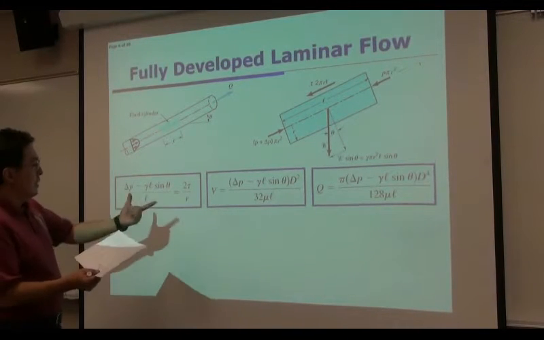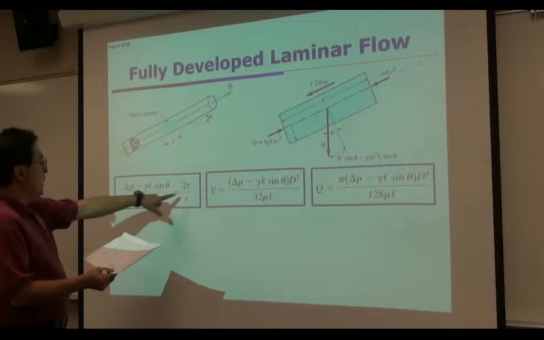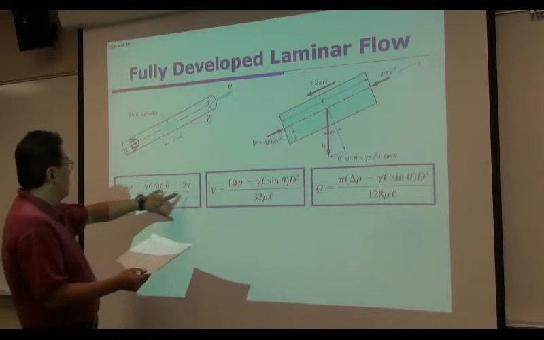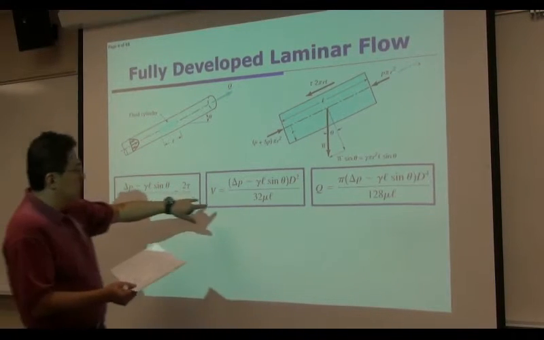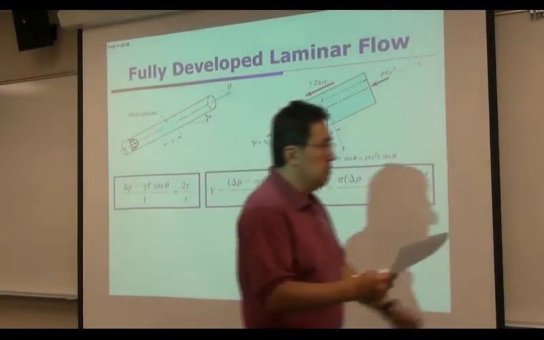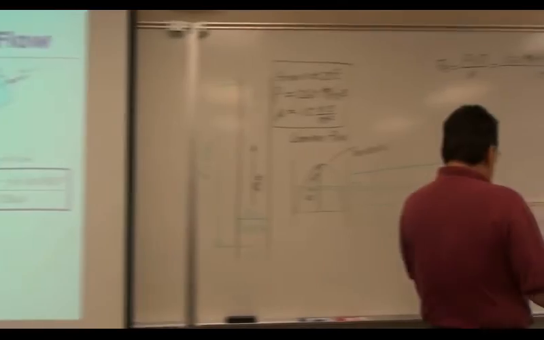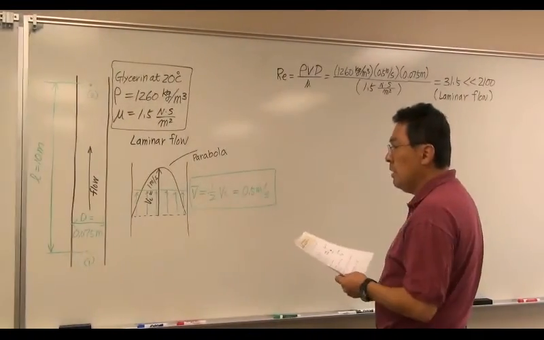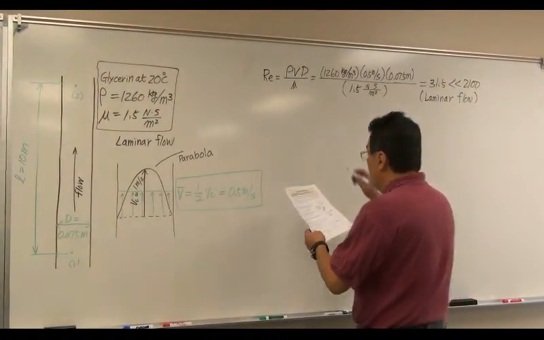So 3 equations. The first equation relates the shear stress to pressure drop. This one relates the velocity to pressure drop. This is the flow rate to pressure drop. So I'm going to pick the equation in the middle.